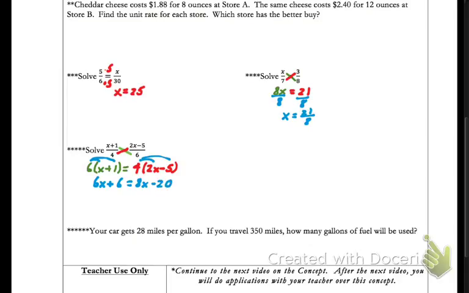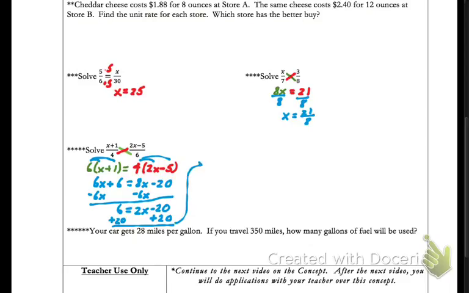Now I've got to make a decision. I've got to get x by itself, so I'm going to move the 6x to the other side. That's going to keep my x term positive. I'm going to be left with 6 is equal to 2x minus 20. I'm going to run out of room here, so I'm going to go up top, if you don't mind. I'll add 20 to both sides to get the x term by itself.